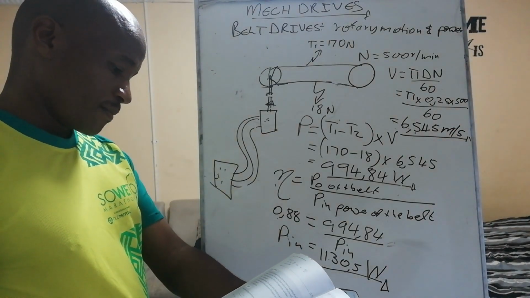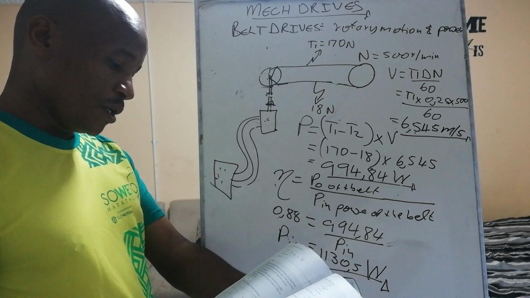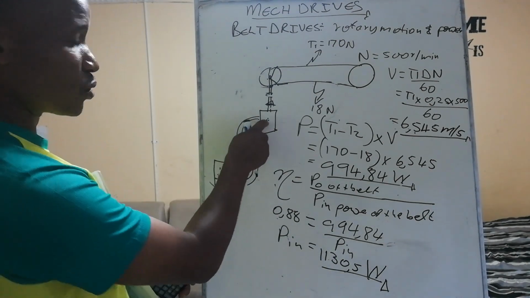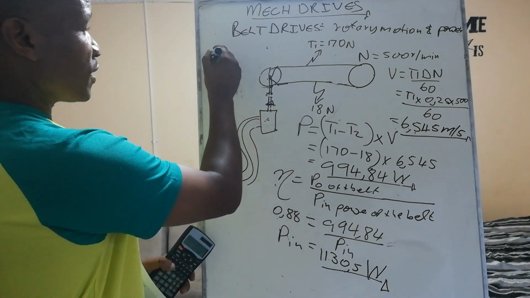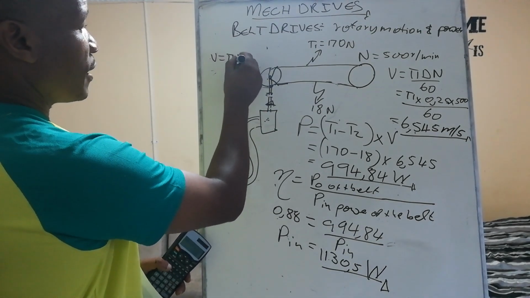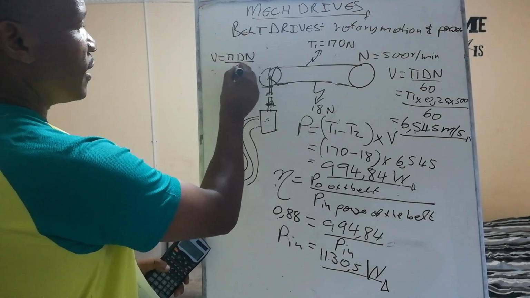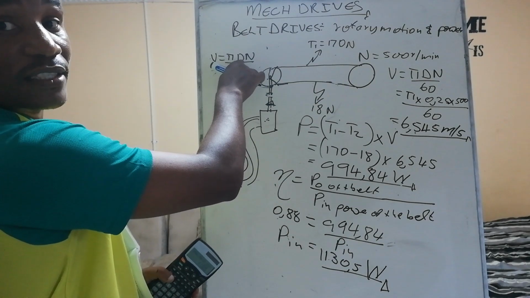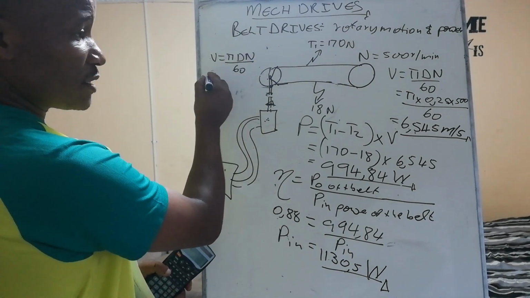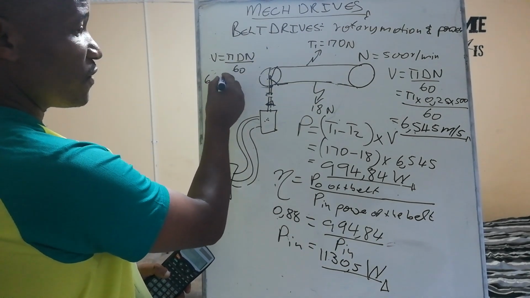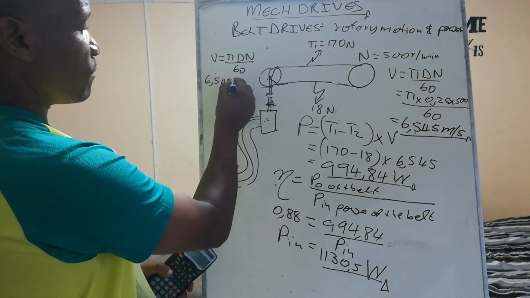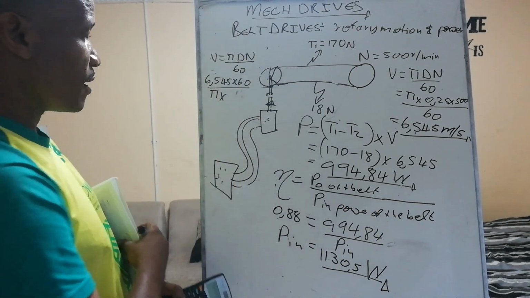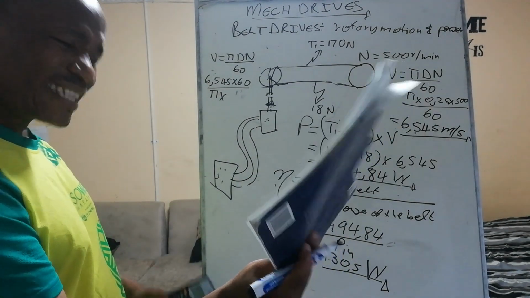And then the effective diameter of the pulley on the motor if it rotates at 1,000. The effective V is equal to pi d n over 60. We want the effective diameter, and we've got 6,545 multiplied by 60 divided by pi multiplied by n.